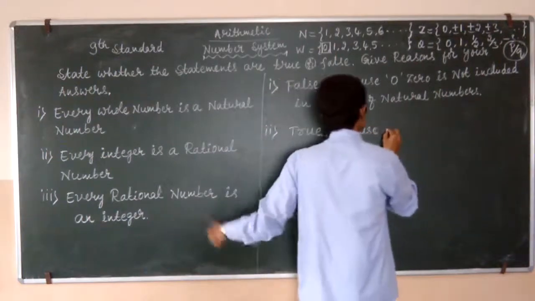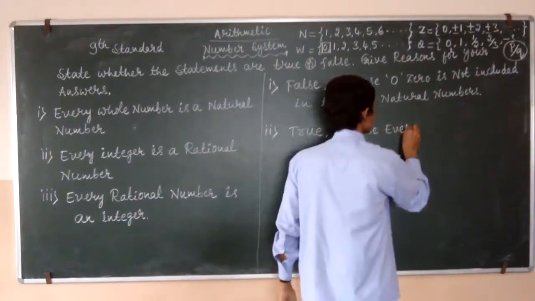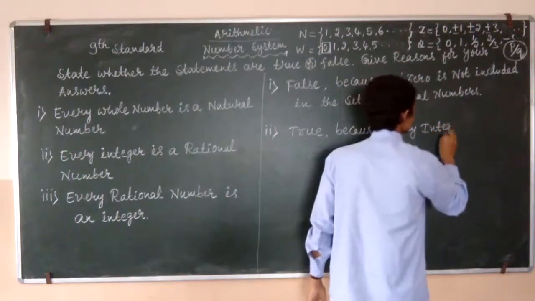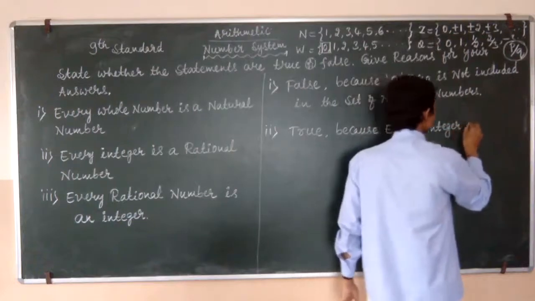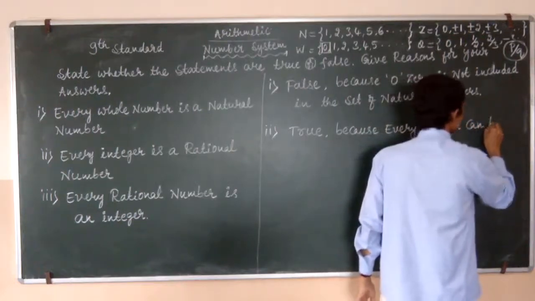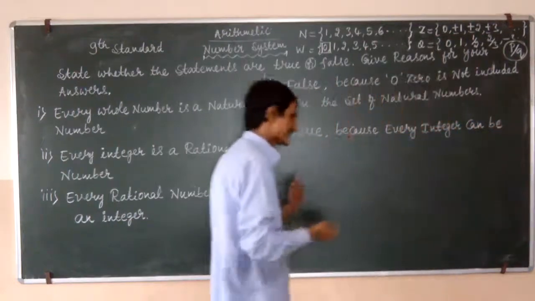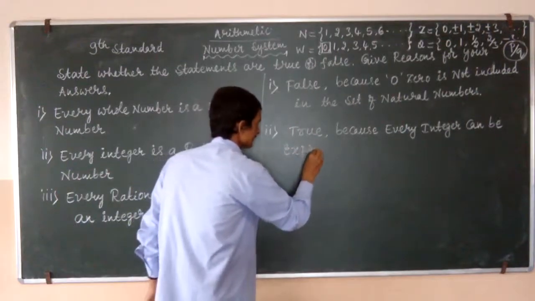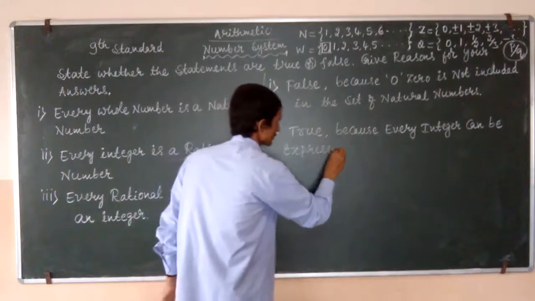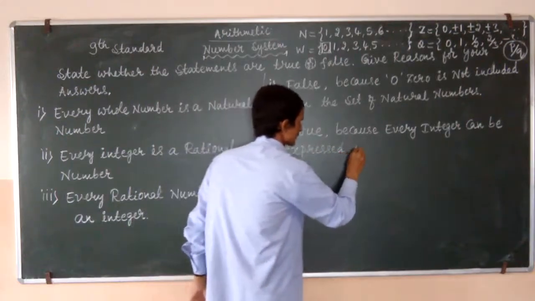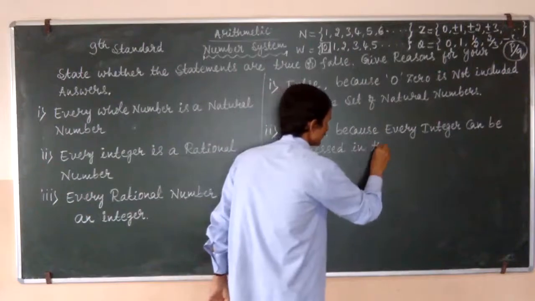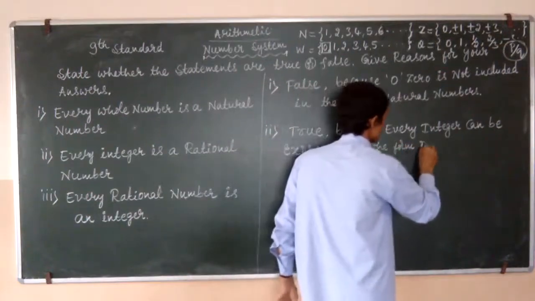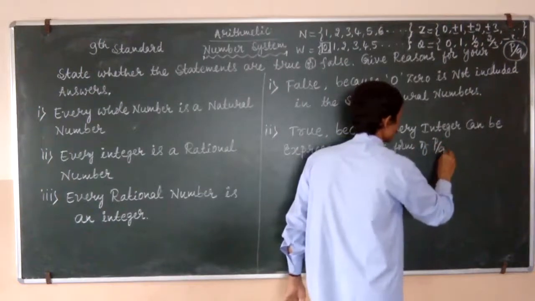because every integer can be expressed in the form of p by q.